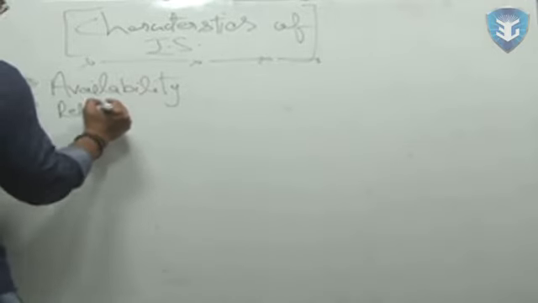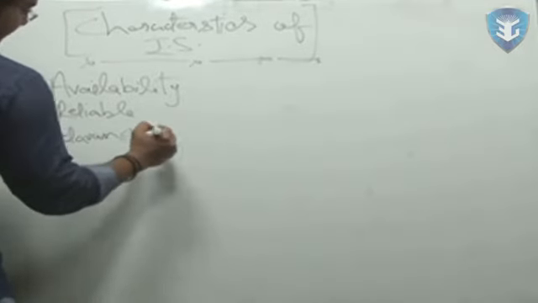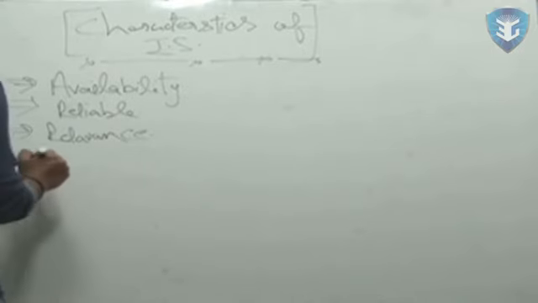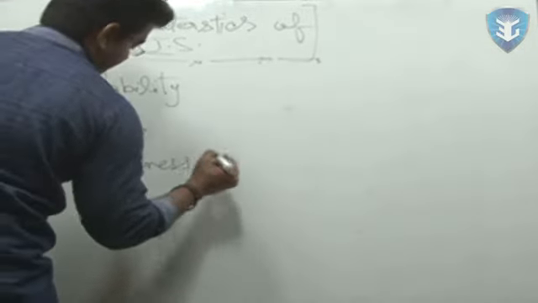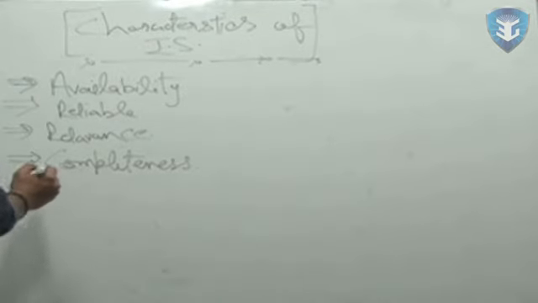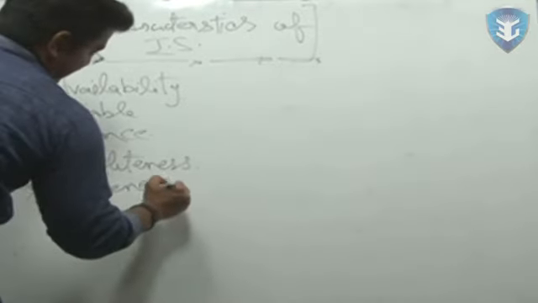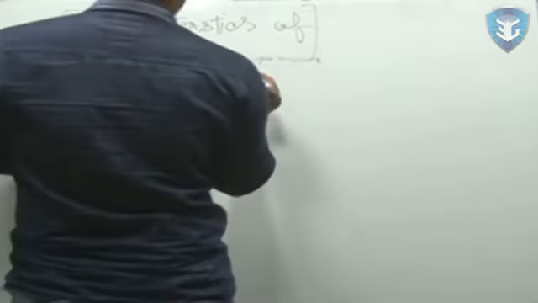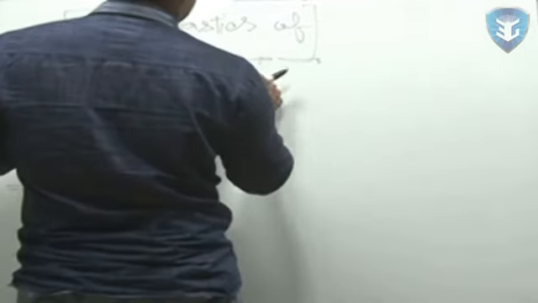Other is reliability, it shouldn't crash in case of need or heavy workload. Relevance, it means we should get what we need. Completeness. Conciseness, it means no excess information should be given when it has no use.